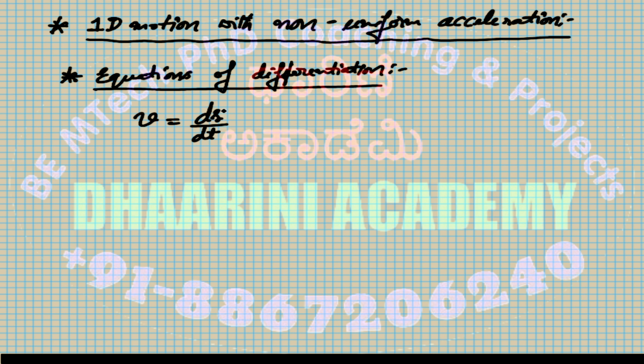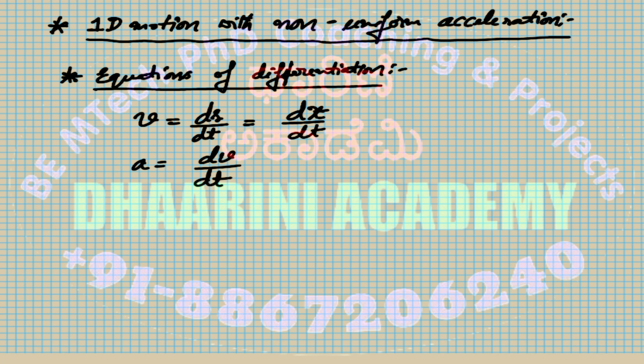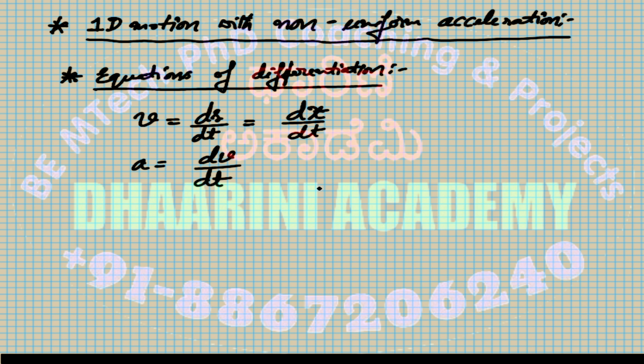So rate of change of displacement is the velocity, or this is also equated to dx by dt, provided the direction is along the x-axis. Also, we can write the acceleration a as dv by dt. All right, so that is one type of representation, right? But there is another type of representation. These are the two equations.